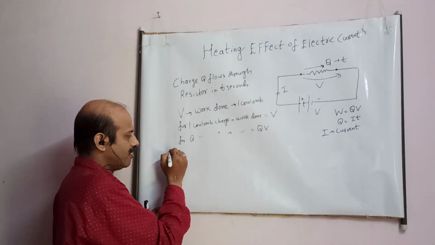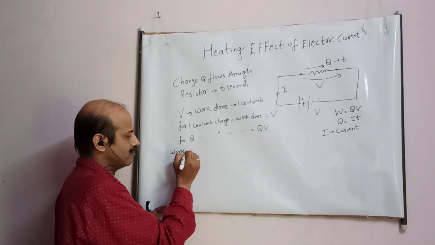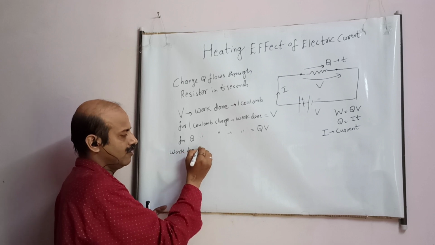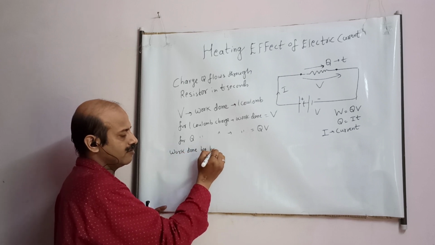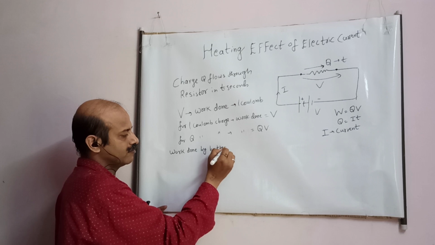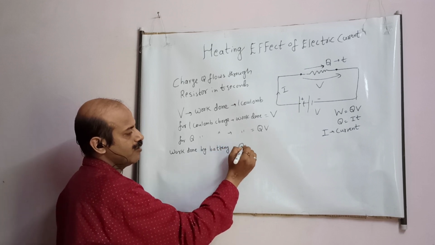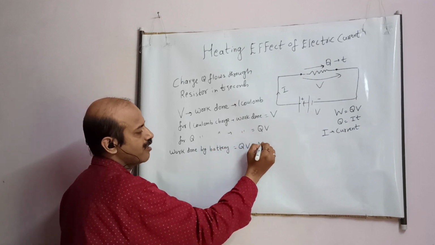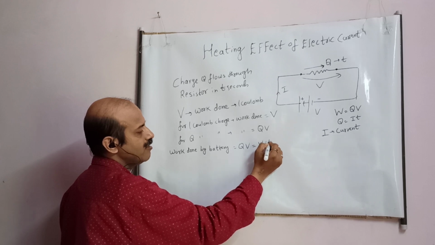So this work done by the battery is QV, student, and this I can write as VIt.